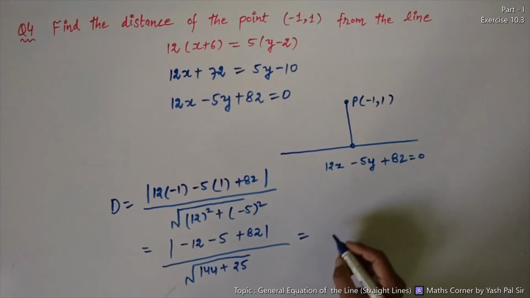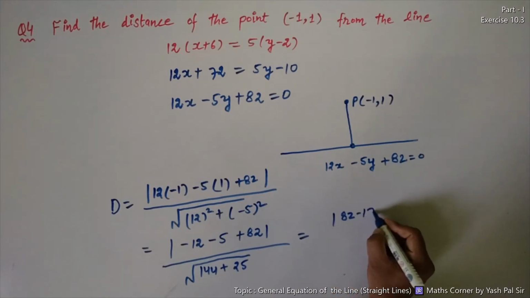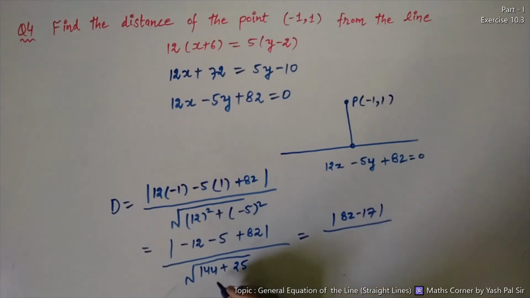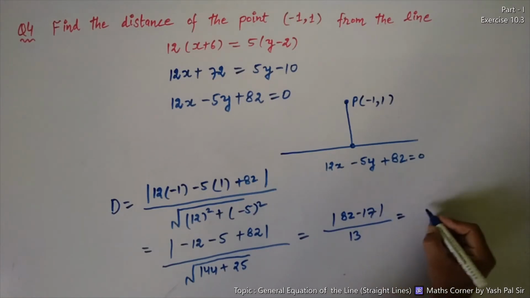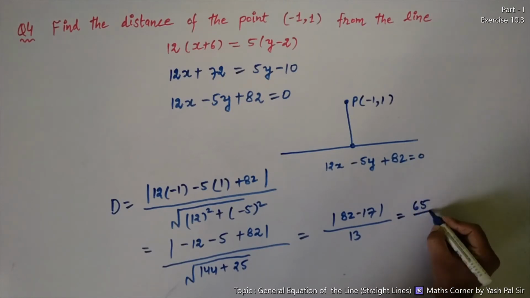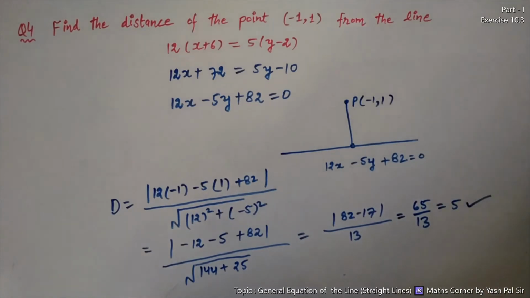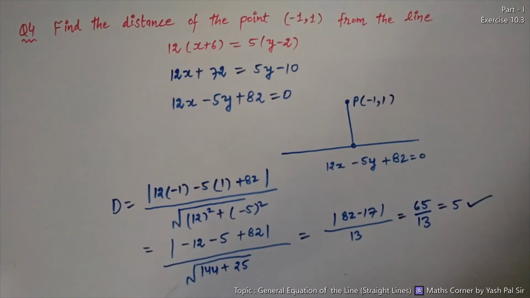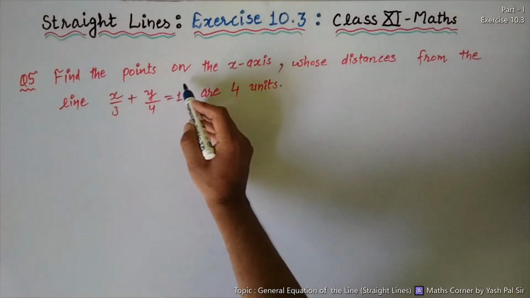So this becomes 12 plus 5, 17; 82 minus 17 is 65, divided by square root of 169, that is 13. So this is equal to 65 upon 13, 13 into 5 is 65. So 5 units is the required distance.